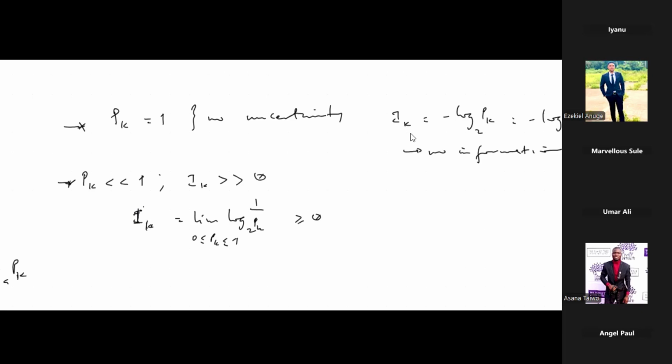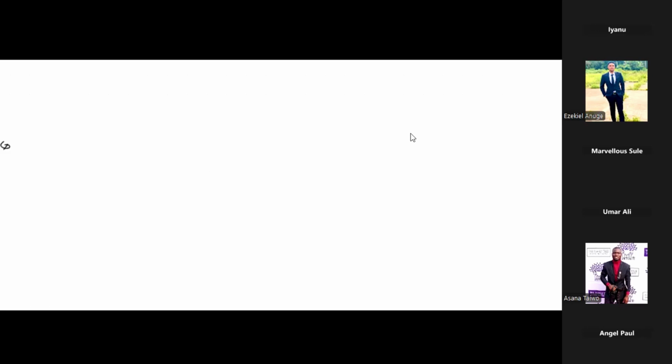And now, how about having a linear combination of these occurrences? So let us assume that we have p sub k and p sub j occurrences.